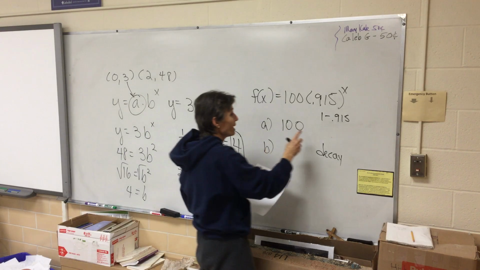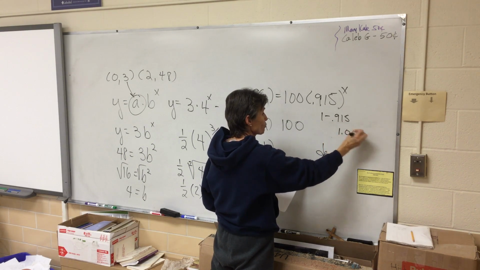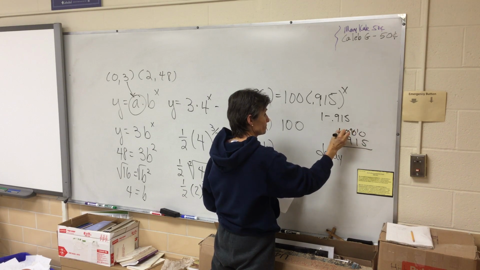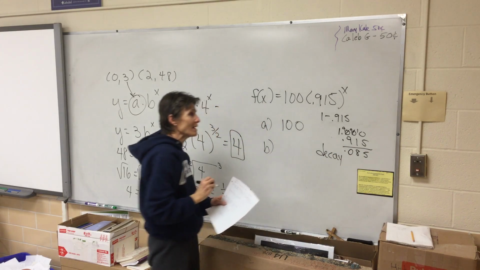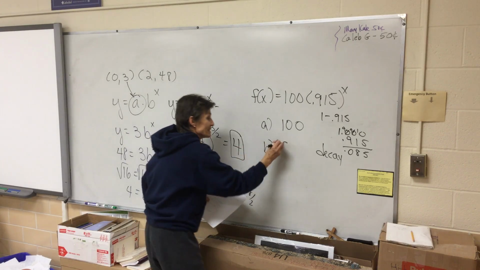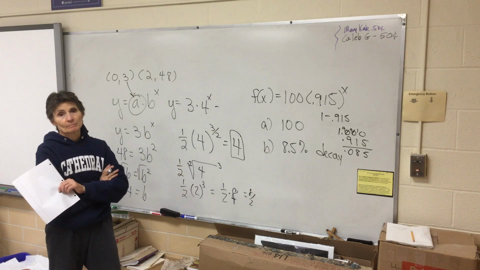So how much less than 1 is this number? So I'll just subtract. So it's 0.085 less than 1, which means it's an 8.5% decay.